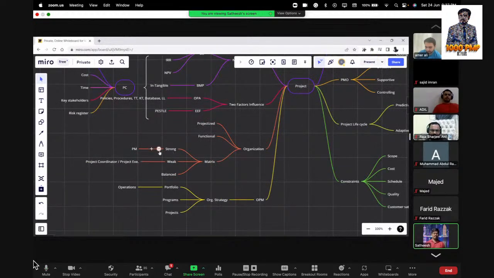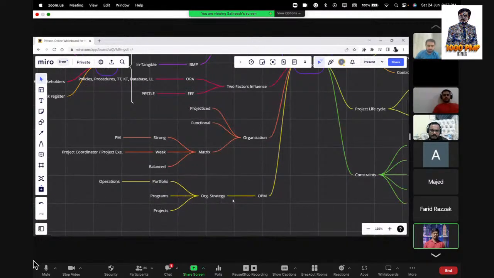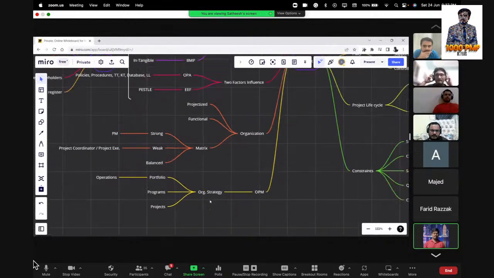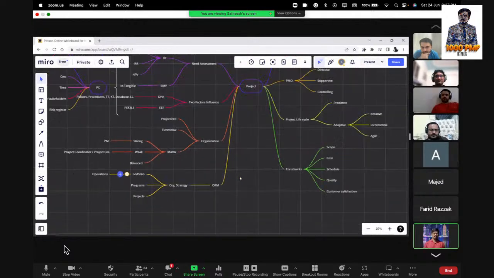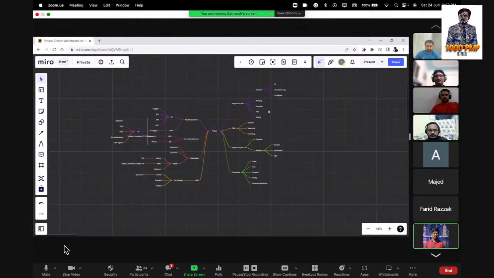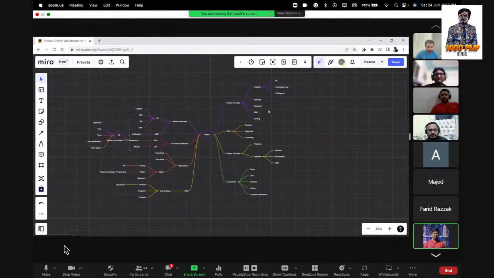In weak, they have either a project coordinator or a project expeditor. Then we have an organized OPM. Under OPM, we have a strategy, and in that portfolio, program, and projects and operations. The projects deliver the results for the strategy. Then balanced is done by other team members.